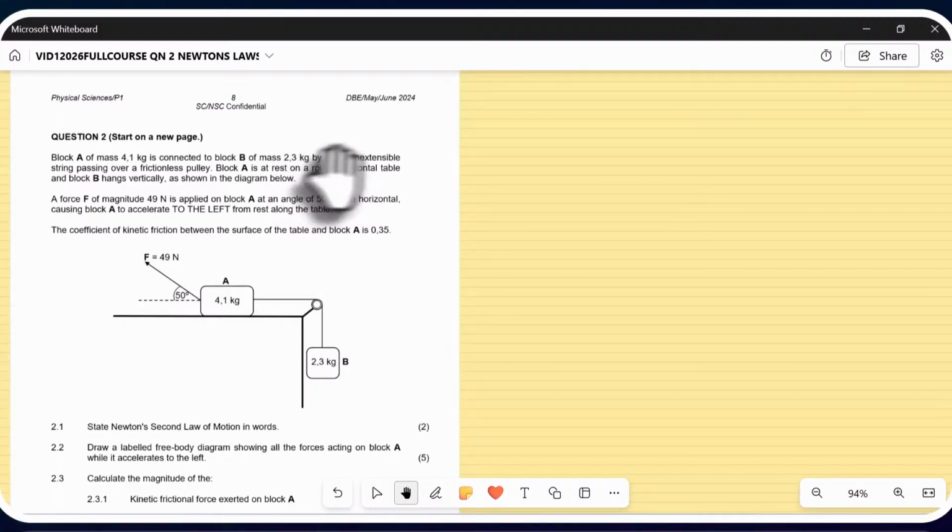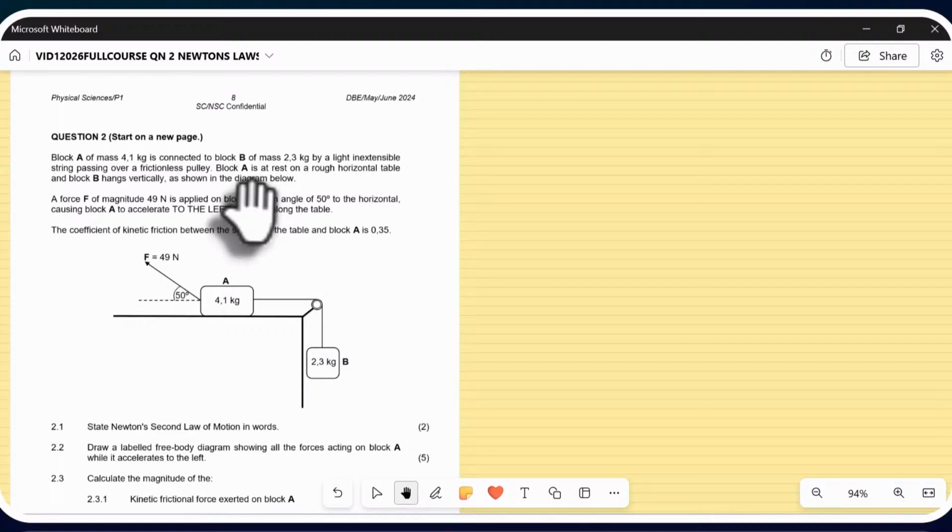Okay, all right, this is May, June 2024, as you see it here, question 2. Block A of mass 4,1 kg is connected to a block B of mass 2,3 kg by a light inextensible string passing over a frictionless pulley.